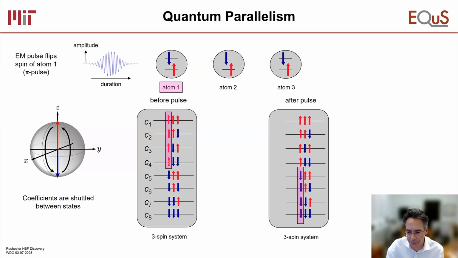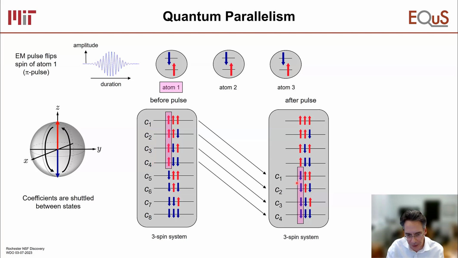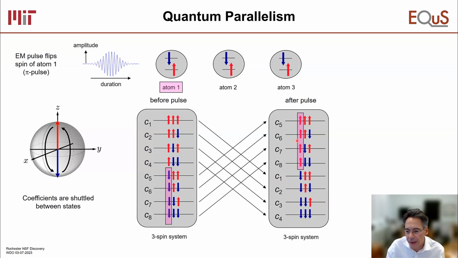So those 4 will be flipped to spin down, and the coefficients C1 through C4 will follow along. Okay, so basically that aspect is now just flipped, but of course it still has the weighting coefficients C1 through C4. Now, instead, for the aspects where it was spin down, this pi pulse is going to flip that to spin up. And of course, the coefficients C5 through C8 follow along.